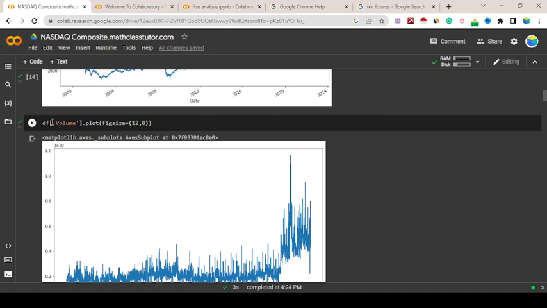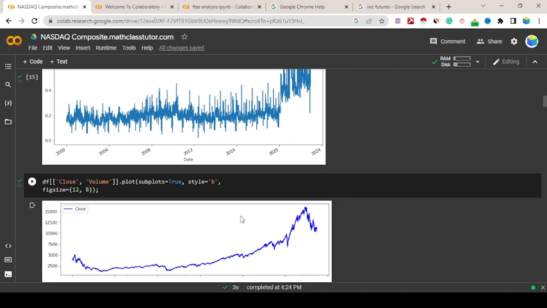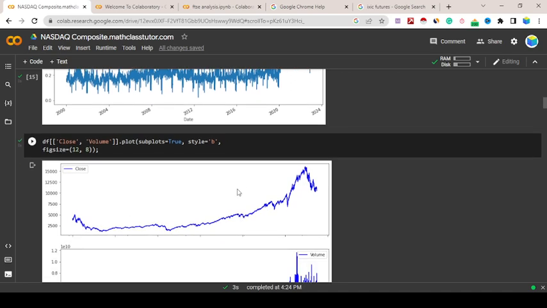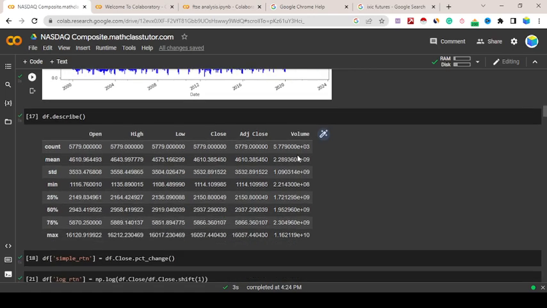Similarly, we can also plot the volume, so we can see that sometimes there is a very big volume, going high and low. Similarly, I want to plot both of them together, so it will be better to understand what they are doing with the price and what the relationship between price and volume is.